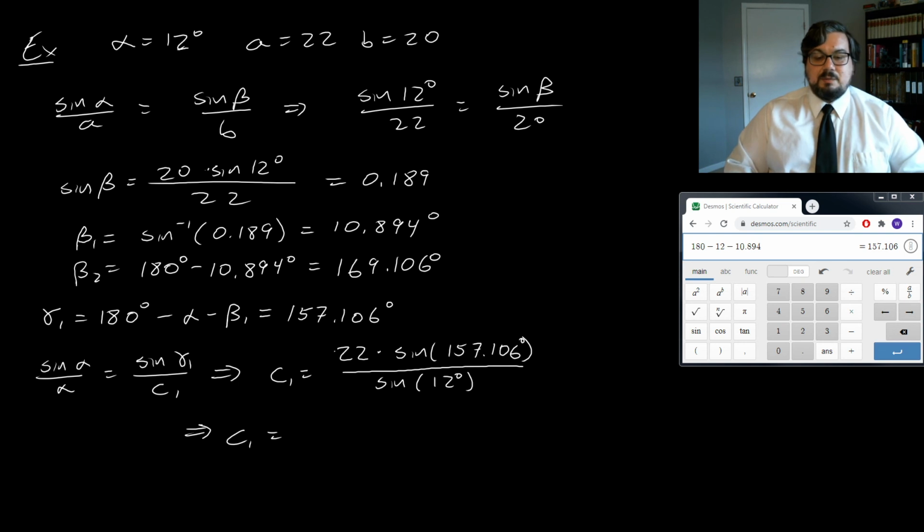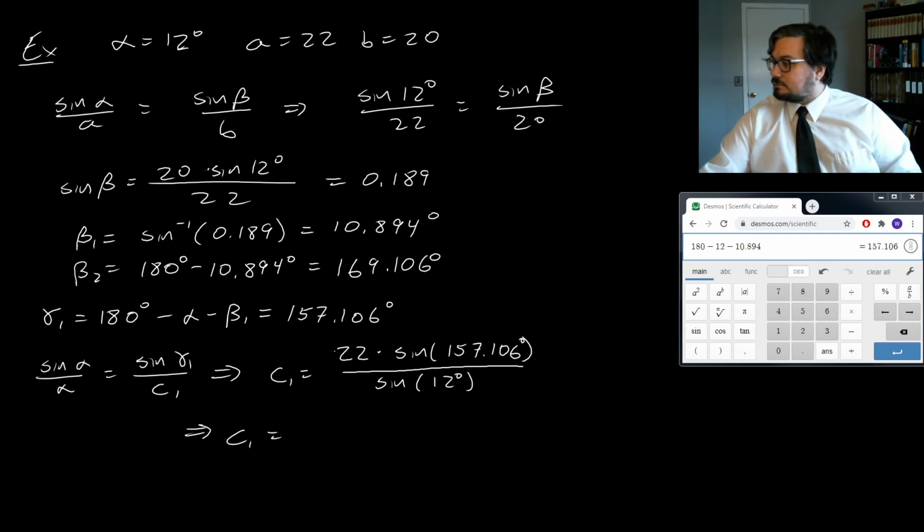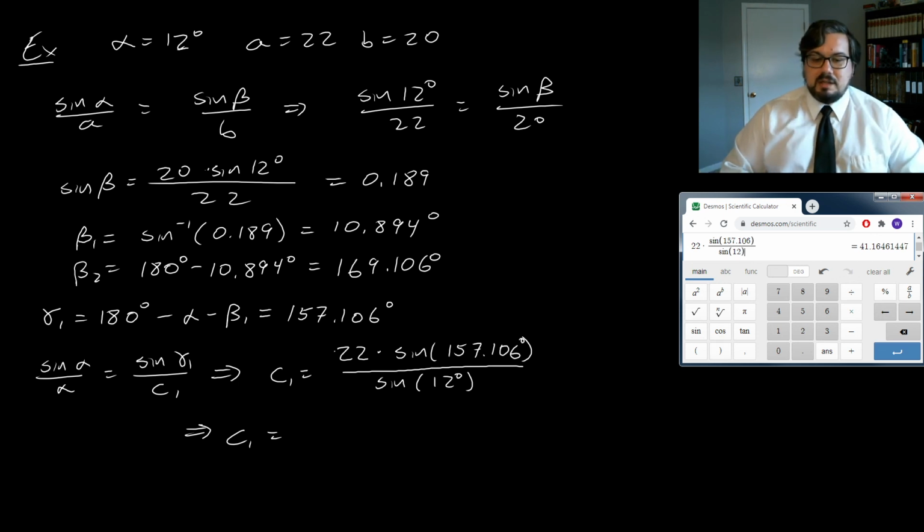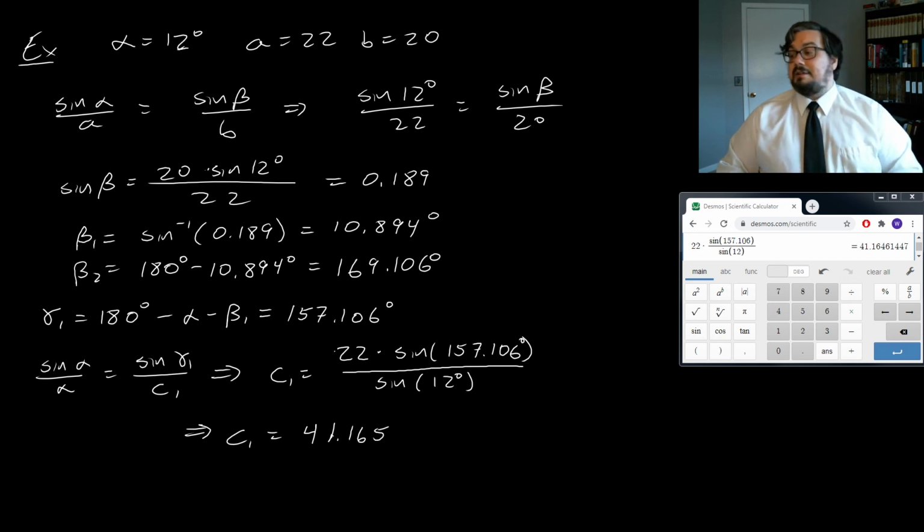So we get that C1 is 22 times sine 157.106 divided by sine of 12 degrees. Gives us that C1 is approximately 41.165. All right, and there's one of our possibilities.